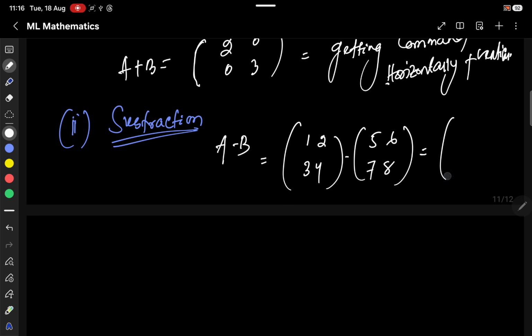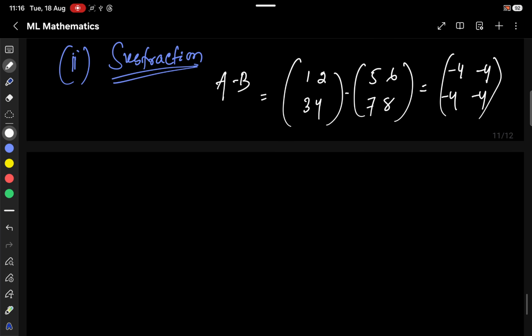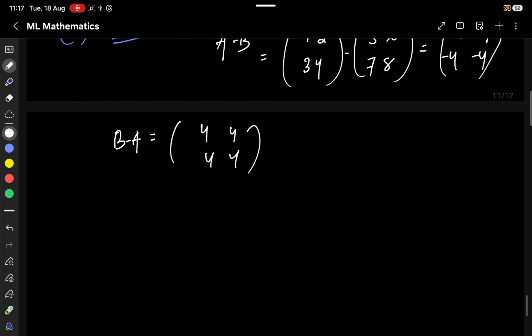If you are doing A minus B, it is nothing but minus 4, minus 4, minus 4, minus 4. Hopefully you are getting it correctly, right? Because we're just taking random numbers, it is coming like that. If you do B minus A, it is nothing but 4, 4, 4, 4. You can do it reversibly, vice versa, right?